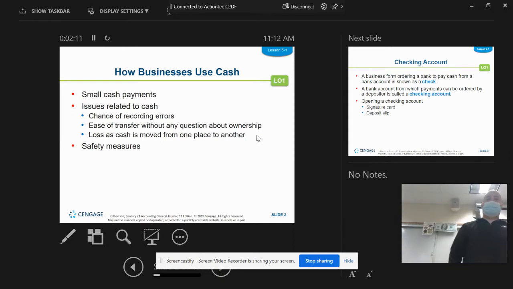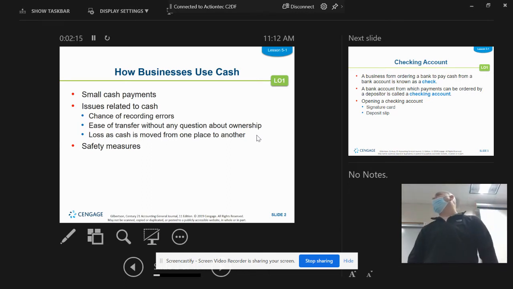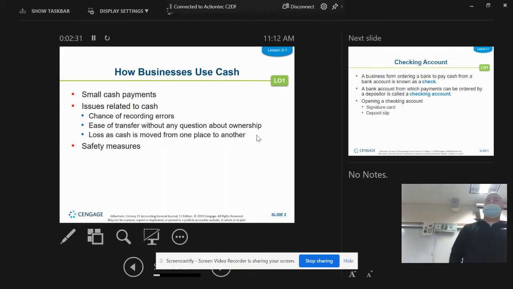I could also lose cash easily. Obviously, I can still lose my debit card or my checkbook, but a lot of things have to happen first. If I just lose cash and somebody walks down the road and sees my cash blowing in the wind, they can easily pick it up and I'm out that amount without any questions asked.